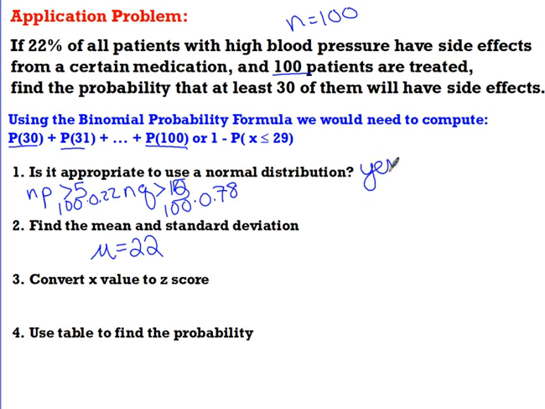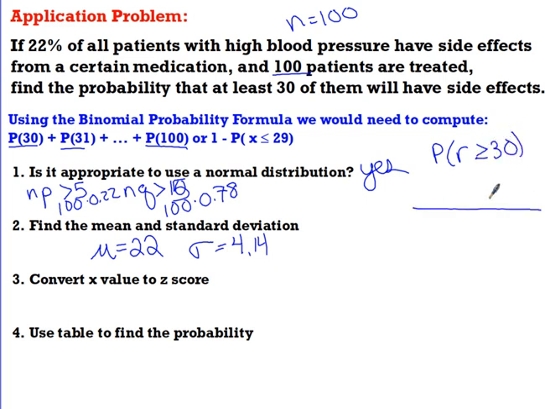So yes, we can use the normal curve. Get our standard deviation here, again using the standard deviation formula for the binomial distribution. So the square root of 22 times 0.78, okay, I get 4.14.